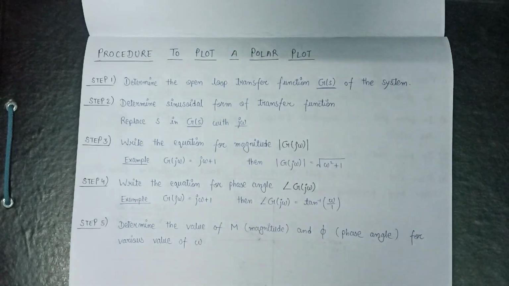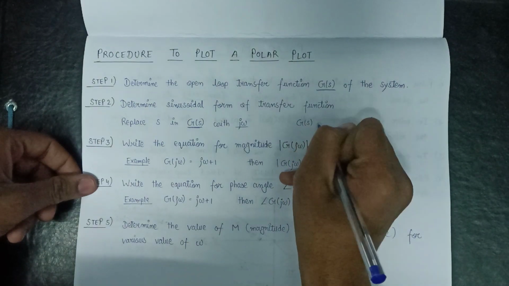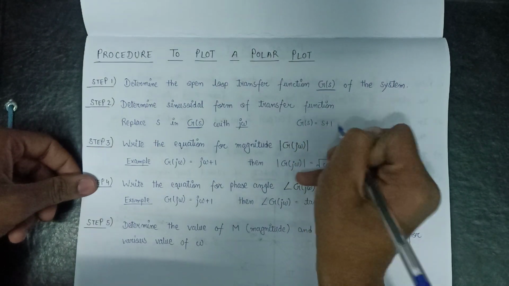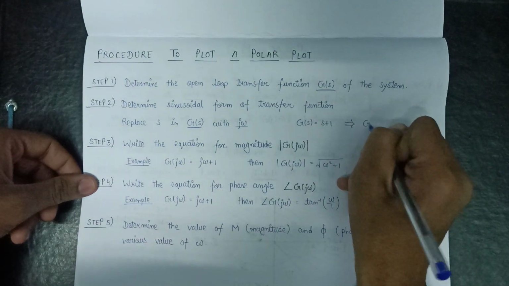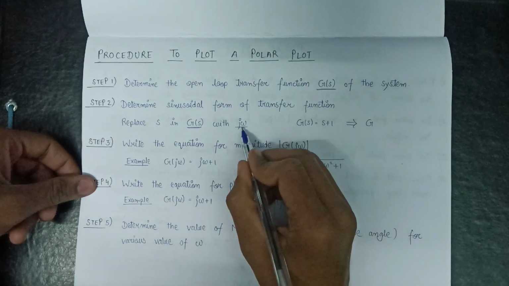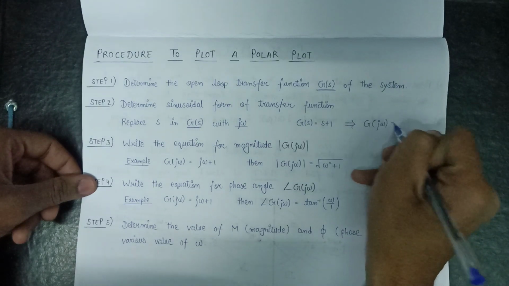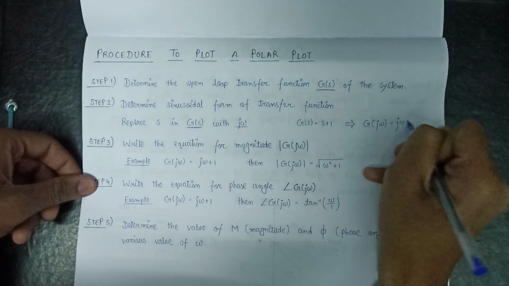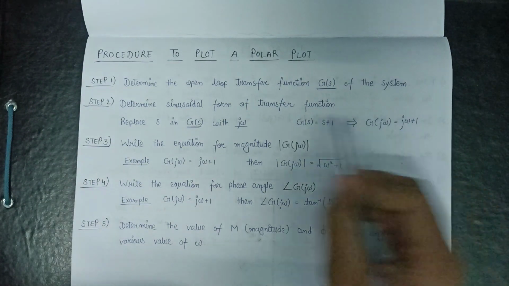For example, if G(s) is given as s plus 1, then by replacing s with j omega, we get G(j omega) equals j omega plus 1. So this is the sinusoidal form of the transfer function.